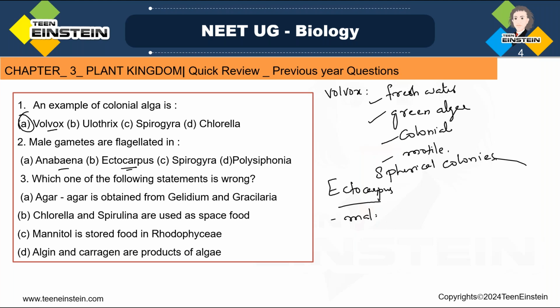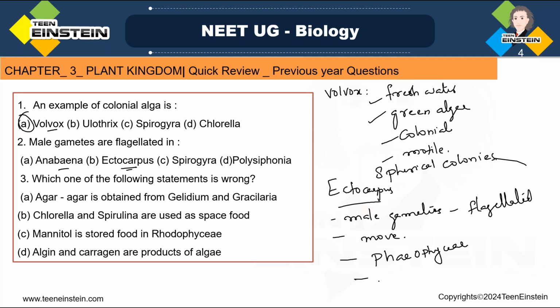In Ectocarpus, the male gametes are flagellated. What extra points are you learning here? Flagellated means they can move, they are motile. And it comes under Phaeophyceae.